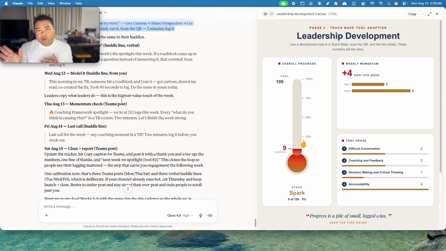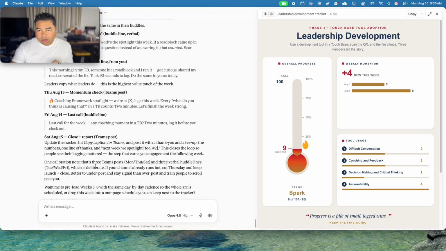Sometimes it goes down one topic a little deeper into some of the questioning and conversations, but that's typically the framework. So I'm probably going to have to reframe that and share that with AI because, again, Thursday is just a reframe of those three items. Then Friday is the last call-out, and Saturday I close the report out.